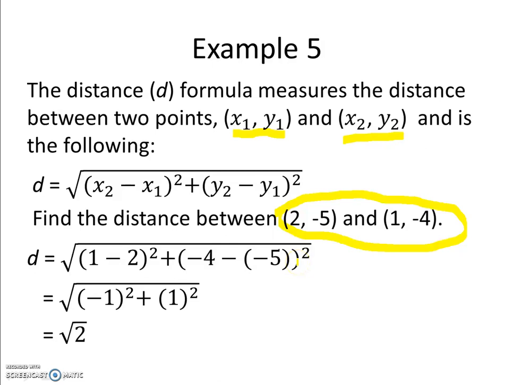That quantity squared, well, if we have a negative 4 plus 5, we have 1, and it, of course, is squared. So now we're left with 1 plus 1 squared. So the distance between those 2 points is simply the square root of 2.